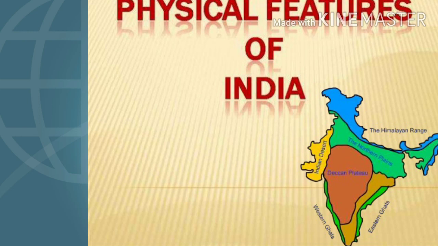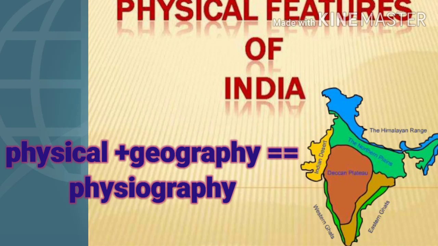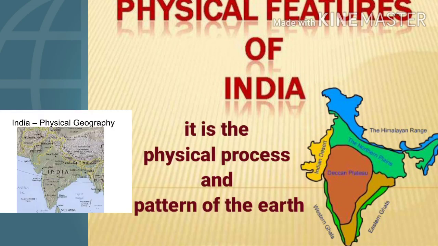Now, we will see the physiography of India in a short intro. Physiography is the combination of two words: physical and geography. It means in the physiography of India, we will study the physical structure of India. Physiography is the subfield of physical geography that studies the physical patterns and processes of Earth.